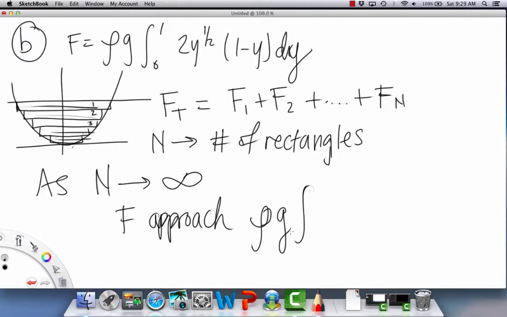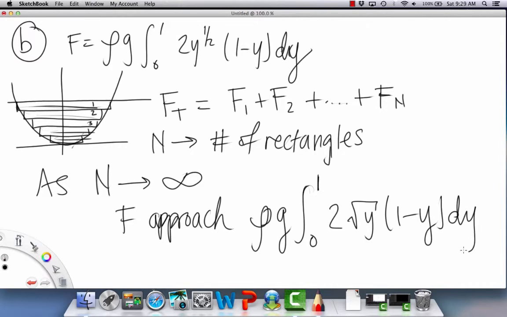Because an integral is when you take an infinite number of subintervals, from 0 to 1, of 2 square root of y, 1 minus y, and dy. Okay? Alright, so now moving on to part C.